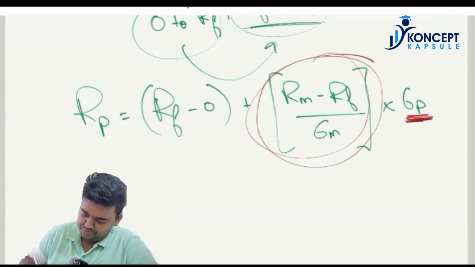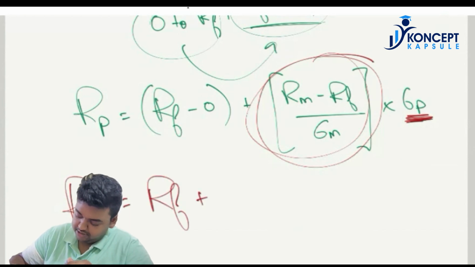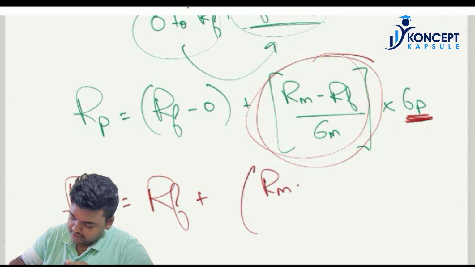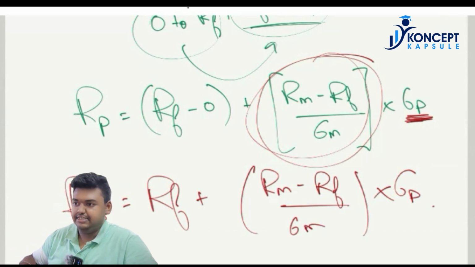That is why the final formula is that the expected return of the portfolio is nothing but the risk-free return plus (RM minus RF) by sigma m into sigma p. Guys, are we clear?